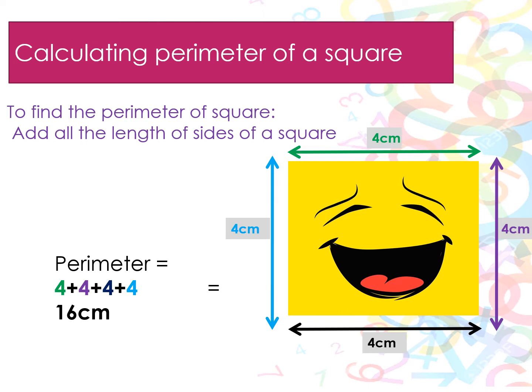You can see all the sides are 4 centimeter each, and we have to make a sum of all the sides, which in our case is 4 plus 4 plus 4 plus 4 equals 16 centimeter. This is how we measure the perimeter of a square.